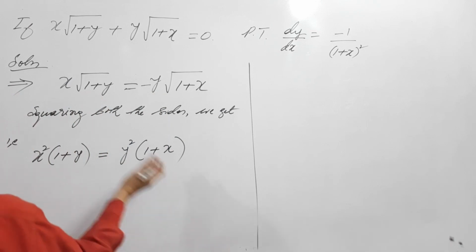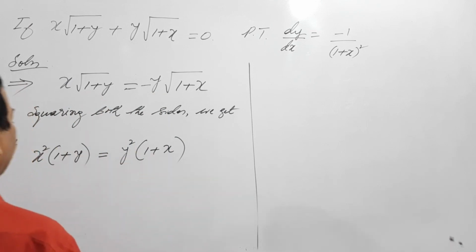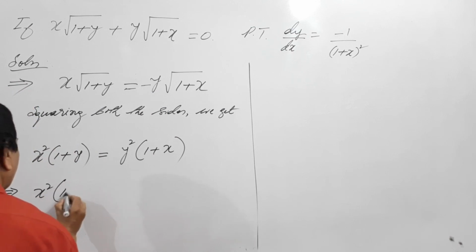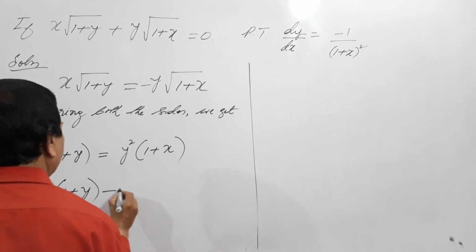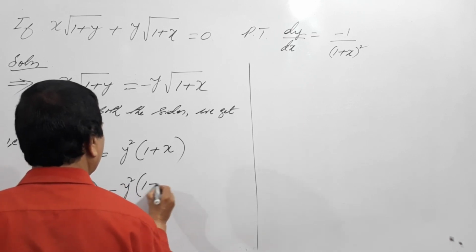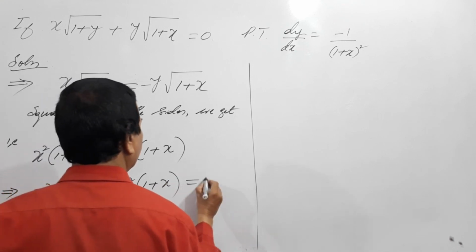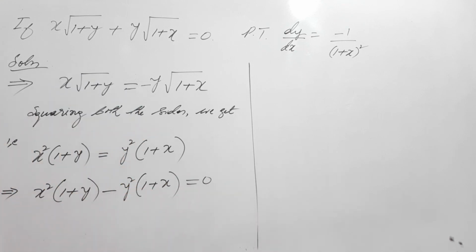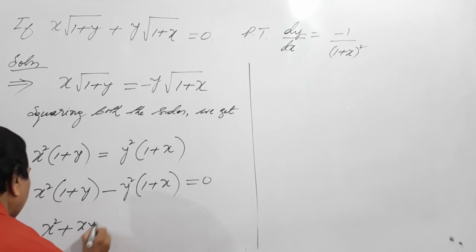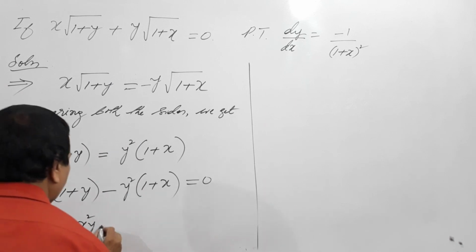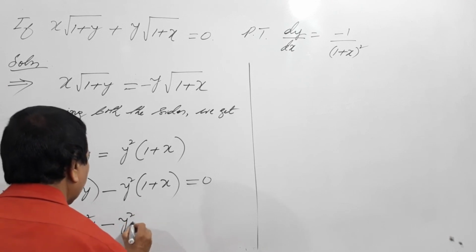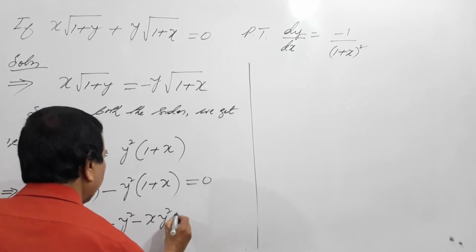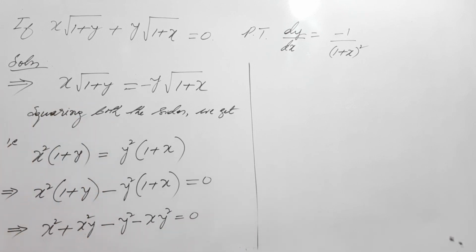So what I do, I try to bring this once again towards the left hand side. So this becomes x square into 1 plus y minus y square into 1 plus x equals to 0. So we multiply this. So what happens here? This becomes x square plus x square y minus y square minus x y square equals to 0.